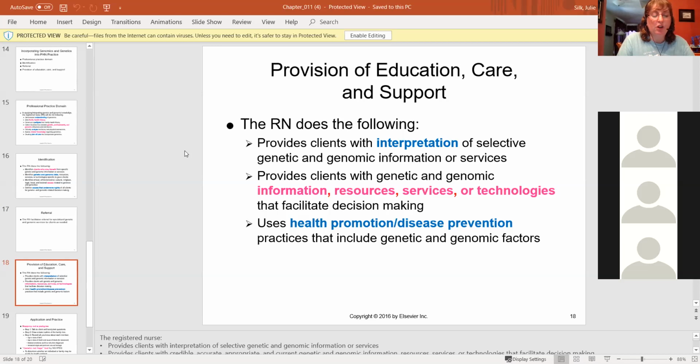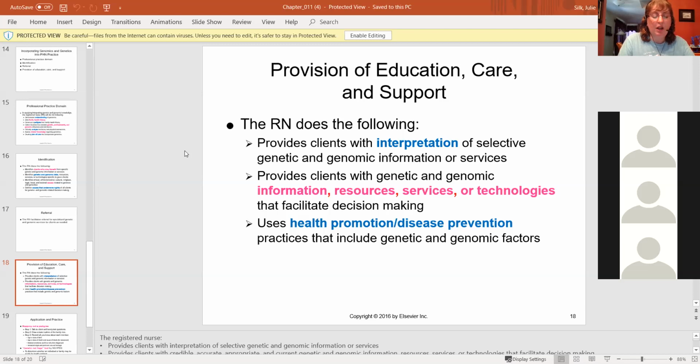They should be able to use health promotion and disease prevention practices that consider genetic and genomic influences on personal and environmental risk factors. They should be able to incorporate knowledge of genetic and genomic risk factors, and use those interventions and information to improve client outcomes.